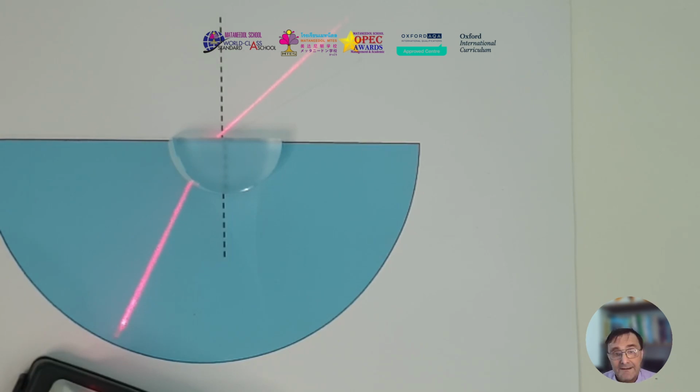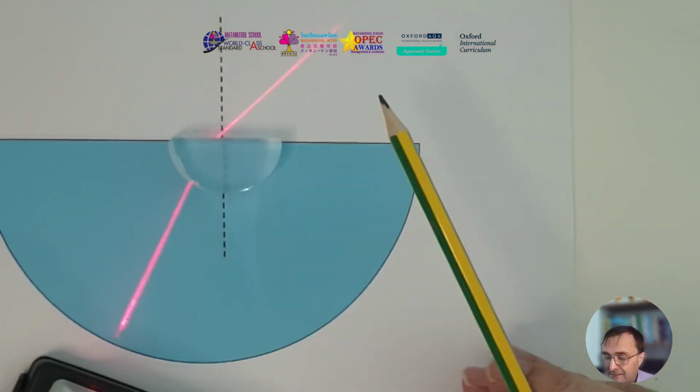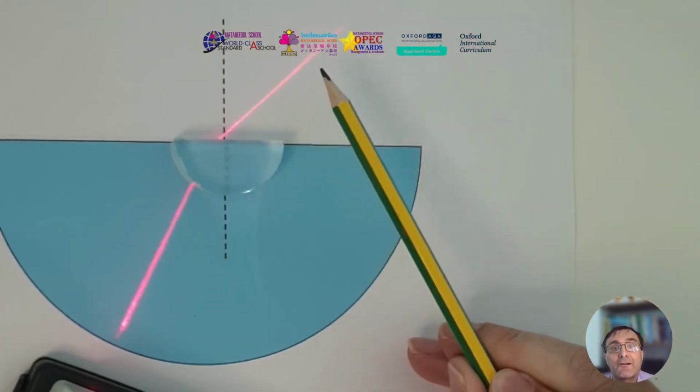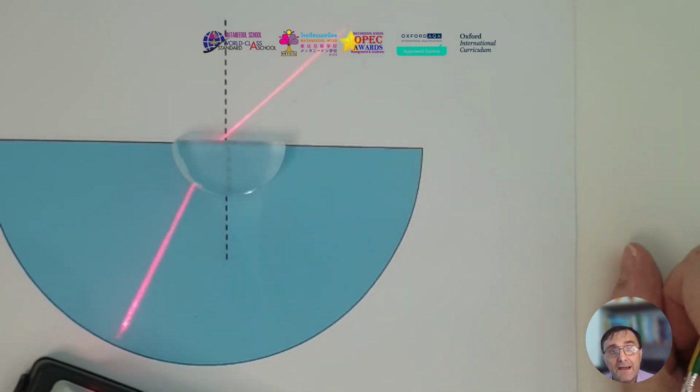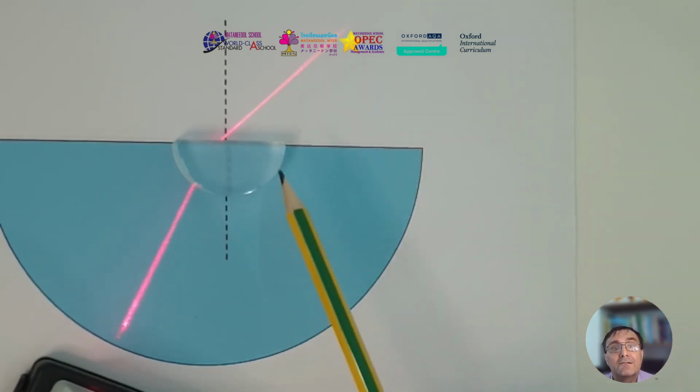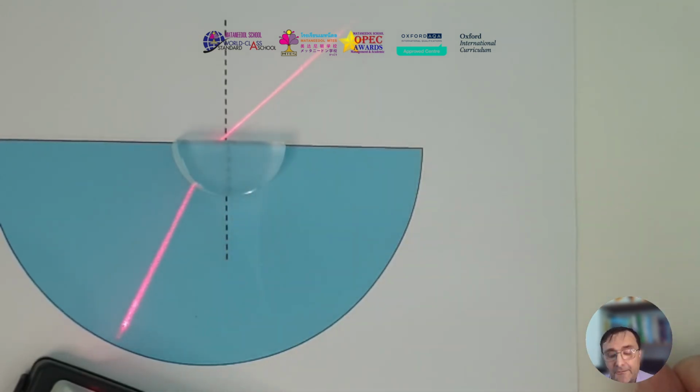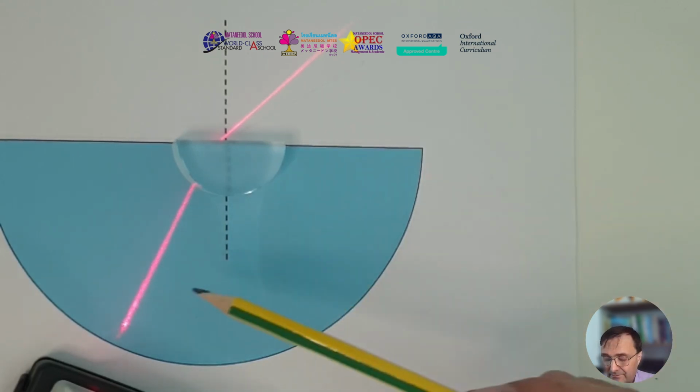Okay, so right now we have our incident ray coming in here, and then we have our refracted ray coming out the other side of my little block here. Now, watch what happens if I change this angle.